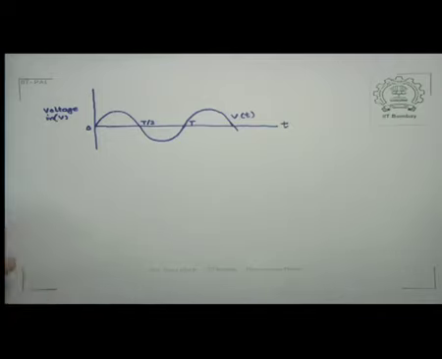And I've seen that for an inductor the current lags the voltage in phase by pi by 2. It means it lags by a quarter of a cycle.